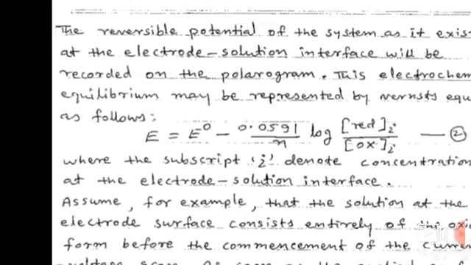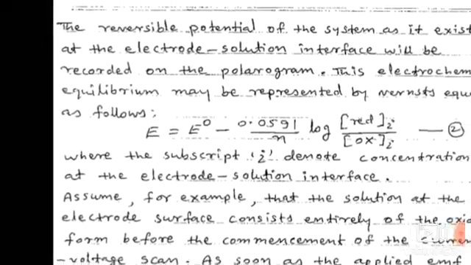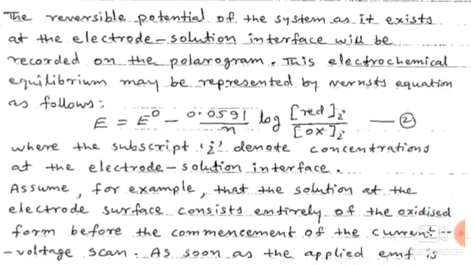Then the reversible potential of the system, as it exists at the electrode solution interface, will be recorded on the polarogram. This electrochemical equilibrium may be represented by the Nernst equation as follows.